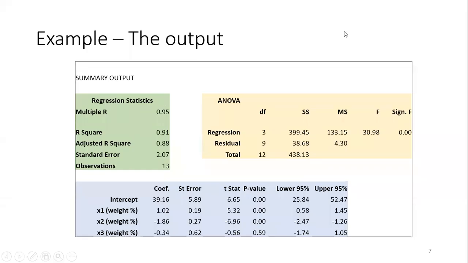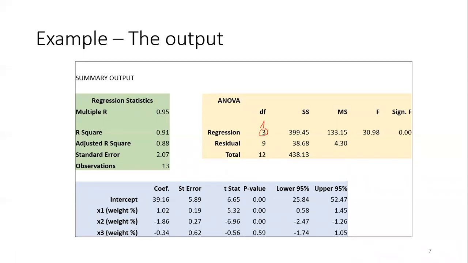Another table is the same. So I have first the degrees of freedom here. The change is that in the previous case, the regression degrees of freedom was 1. Here it is 3, because in the previous case we only had a single x variable or a single beta, but now there are 3 x variables or 3 betas.